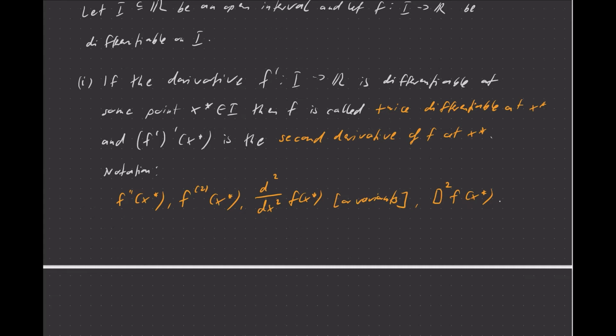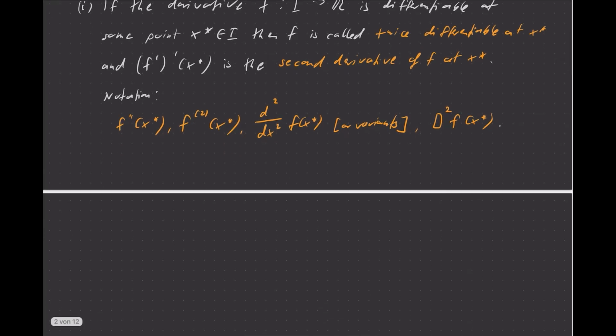As you can imagine, we'll call the function twice differentiable on I, on the interval I on the domain, if it is twice differentiable for every point in this interval. And then this also defines a function on I that will be called the second derivative. So there's the second part of this definition.